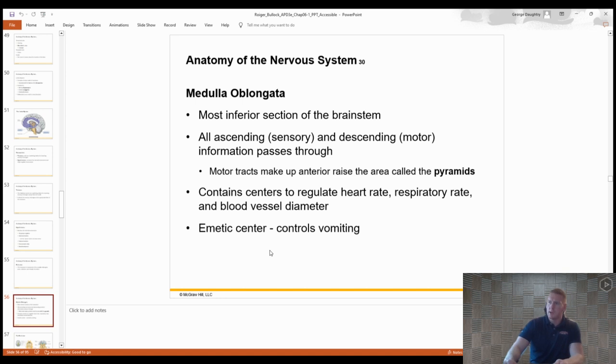The medulla oblongata does a couple of things. We're all the way down at the bottom of the brain. So what are some of our more primitive necessary things for survival? Well, our heart's got to beat, we got to breathe, our blood vessels need to dilate, we need to maintain pressure of the blood, right? And that's what the medulla oblongata does.